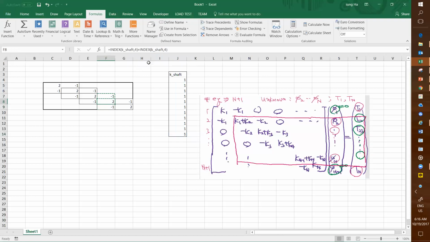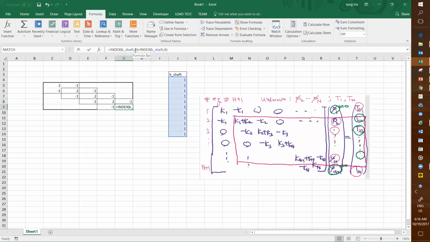Very consistent, right? That's one of the points. And this will be 5. And this one will be a 4, 5.